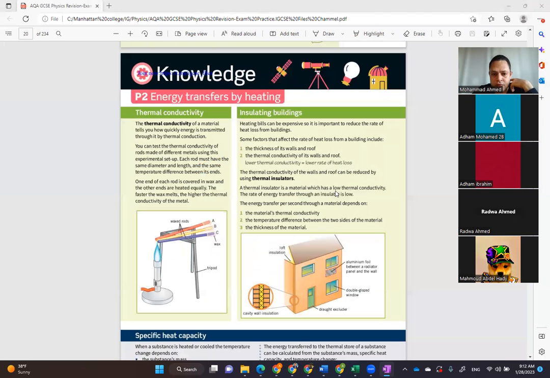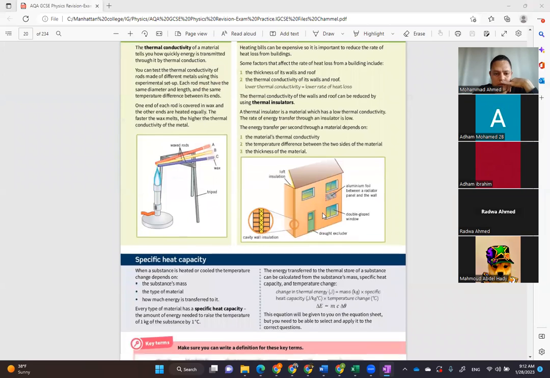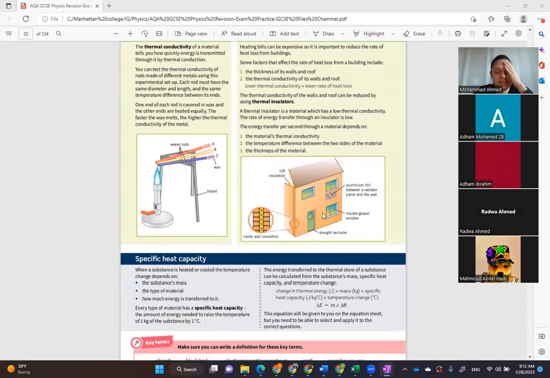Okay. So now we're going to take the specific heat capacity. When a material or substance is heated or cooled, the temperature change depends on the substance's mass, the type of material, and how much energy is transferred. So you have to differentiate between the amount of energy transfer per second through a material and the change in temperature in a substance.